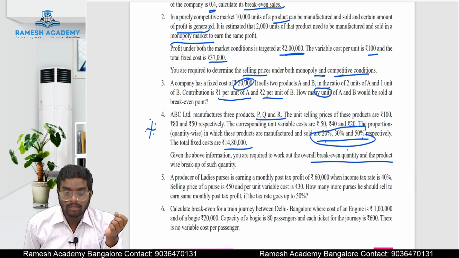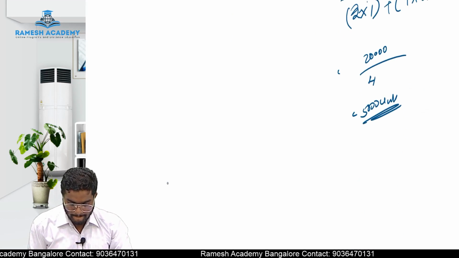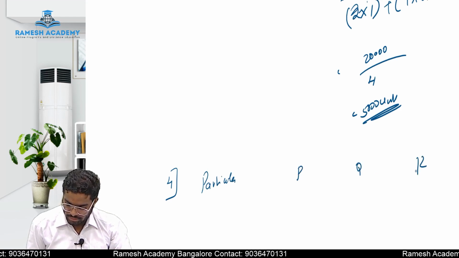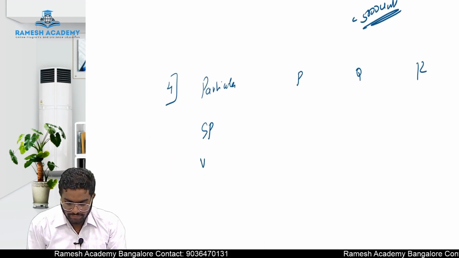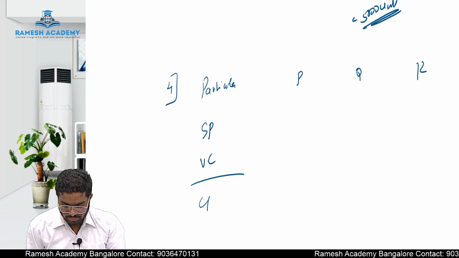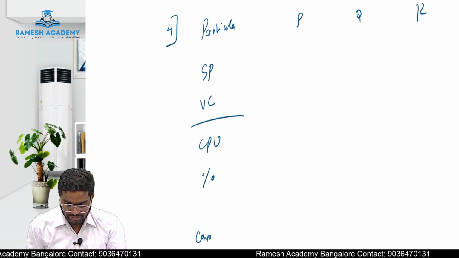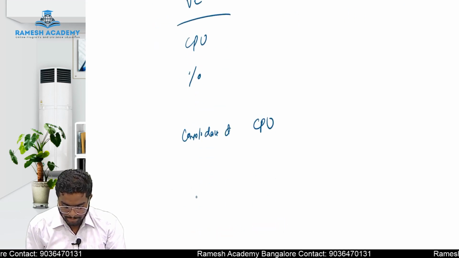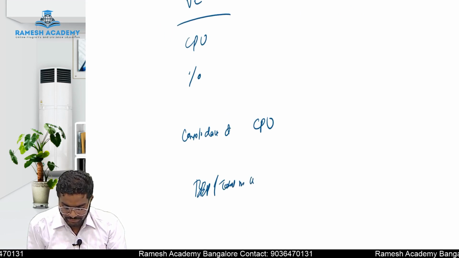Now I will solve. Please note it down. So here, my fourth question, I have 3 products P, Q, R. I have the selling price, the variable cost, the contribution per unit, then the percentages, then consolidated, then BEP total in units.